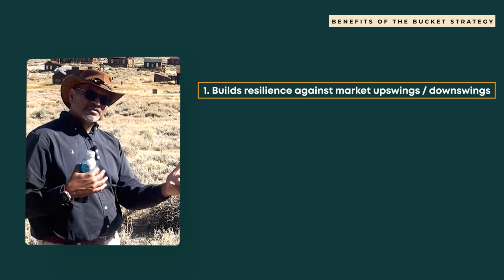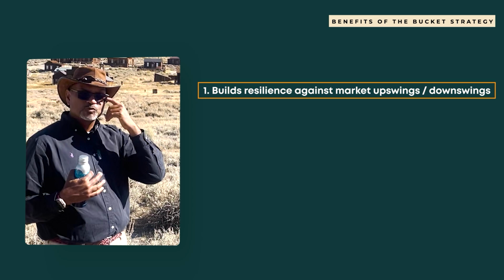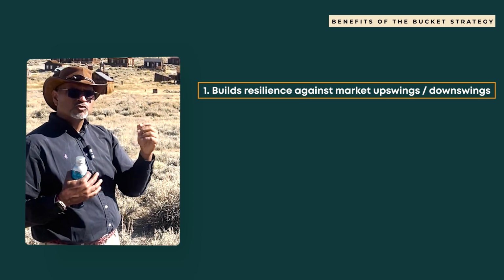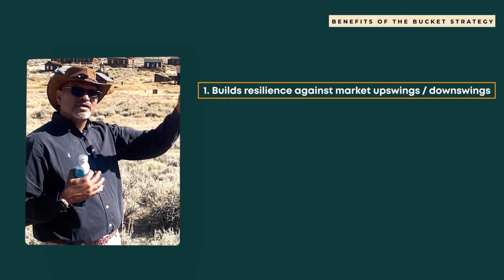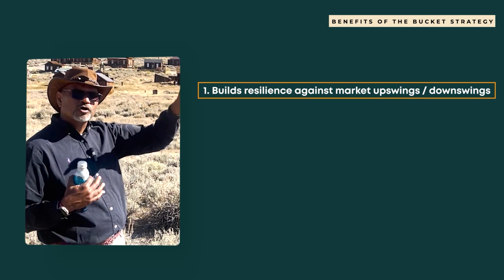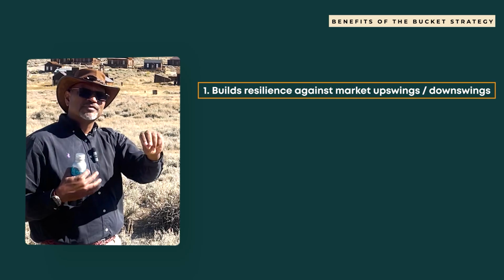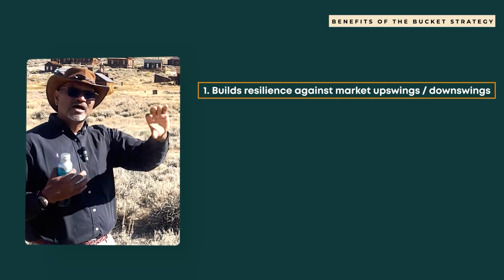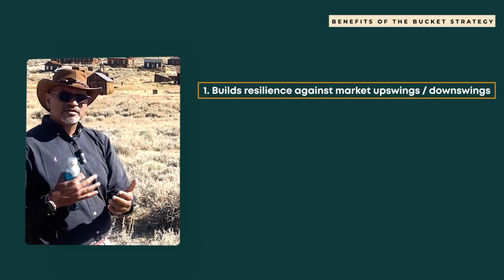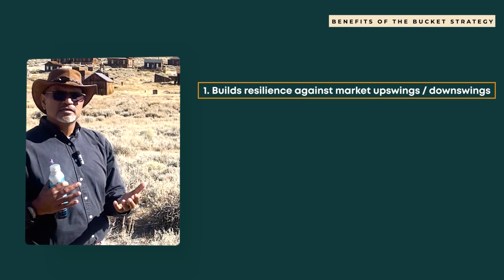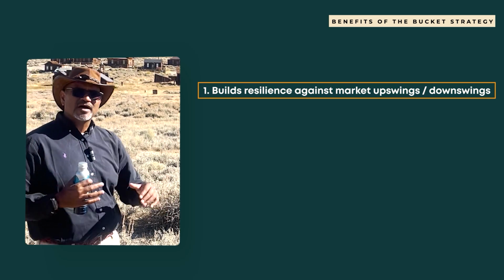On the flip side, if there is an upswing in the market, it also gives you the flexibility to maybe cash out some of your long-term investments and rebalance it into your short-term bucket or the medium-term bucket.